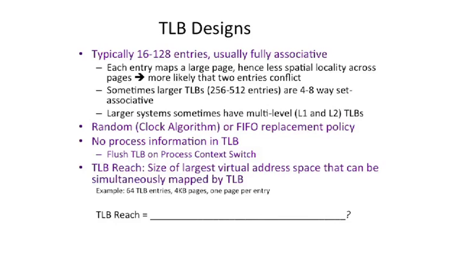A couple different designs in here for how to go about replacing. Having something like true LRU can be hard if this gets large. And it's possible that LRU is not even a good approach. Unlike caches, this is a very different access pattern.